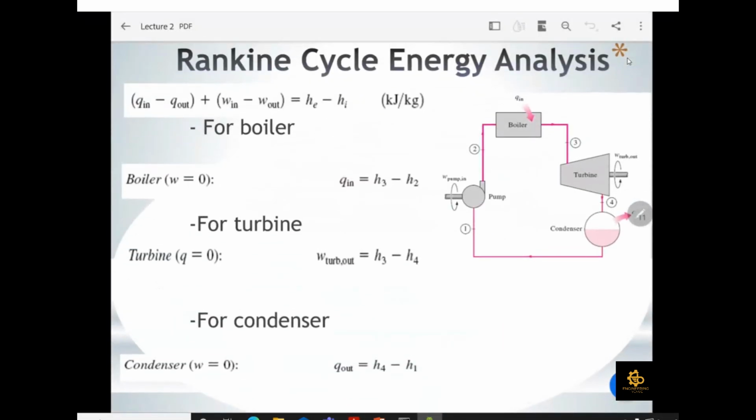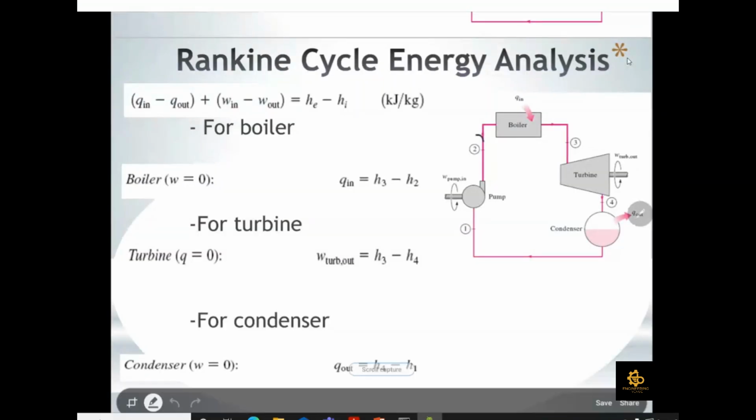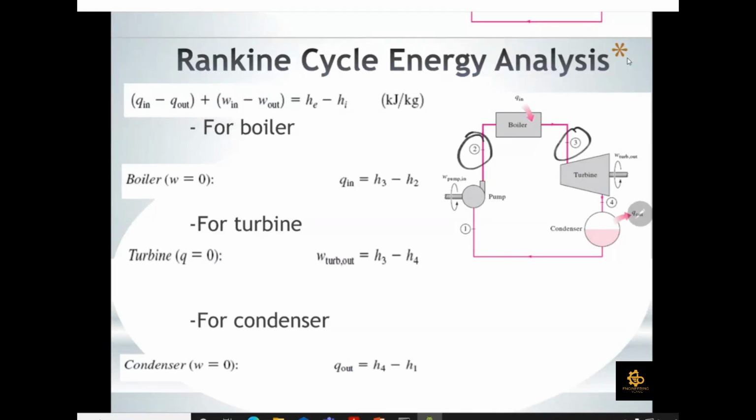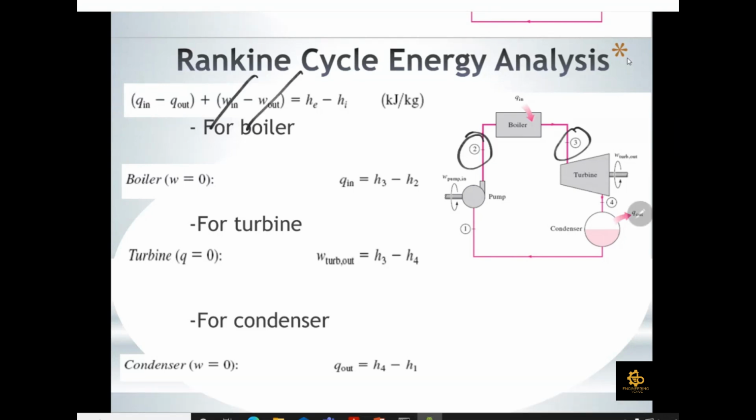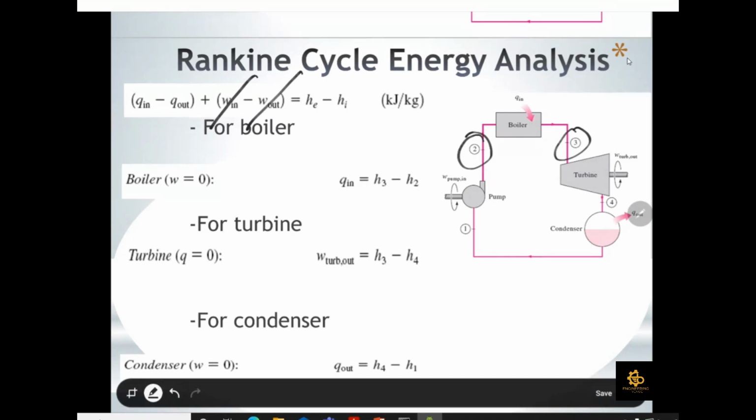Okay, so coming towards our next part, your next thing is your boiler. Your boiler is installed between state 2 and 3 and you are going to supply some type of energy to your boiler. Again going to your energy balance equation, for the boiler there will be no work done, so work terms are 0.